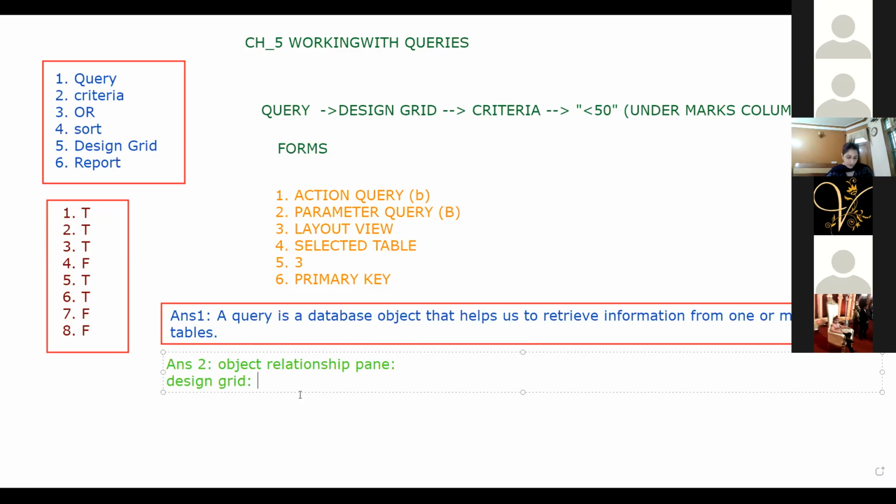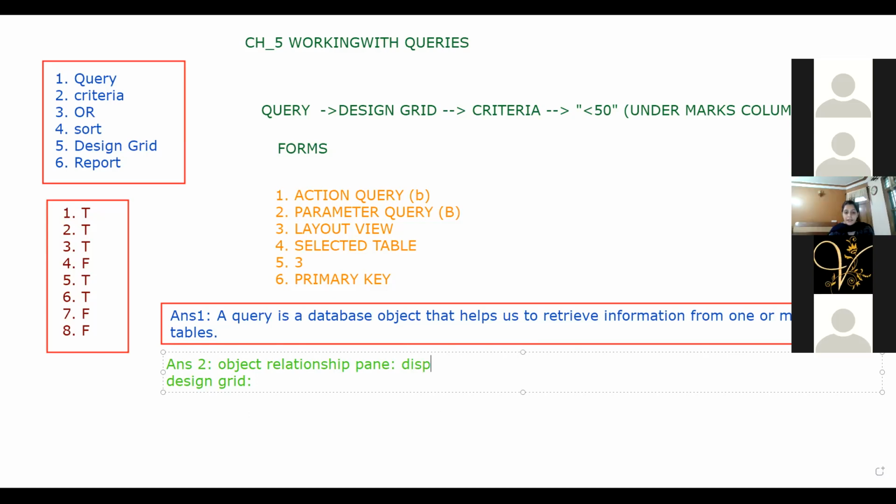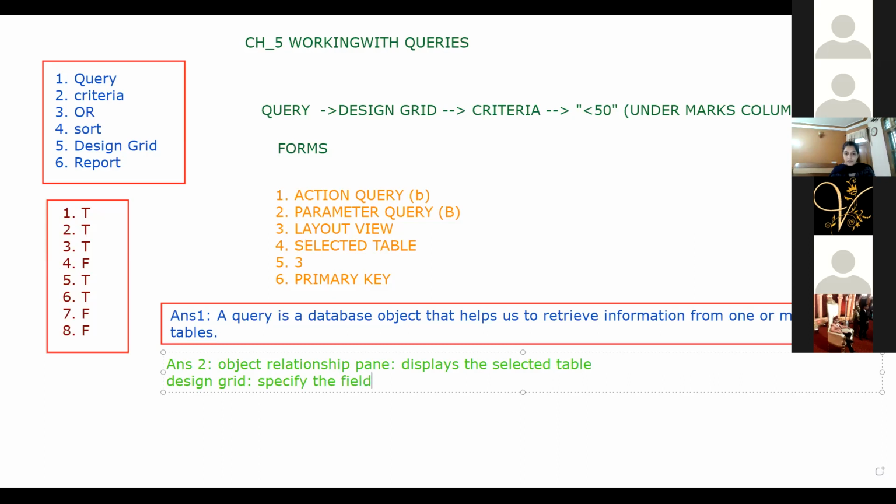Now in the question you have to explain them. So what does the object relationship pane do? It displays the selected tables. Very good. And what is the role of the design grid? Used to specify the fields and criteria for the query.